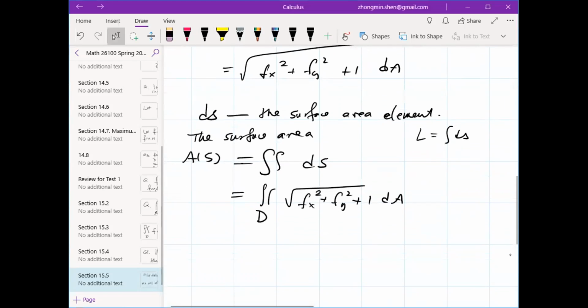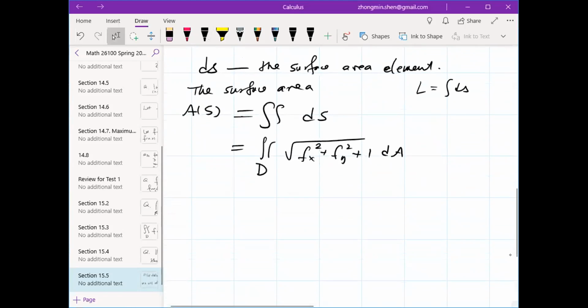It's very similar to the formula for the length of a curve. I want to compare it to the length of a curve. So you just have a curve, it doesn't have to be the graph of some function. Then the length of the curve is just the integral of ds.